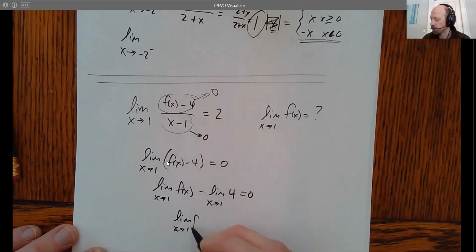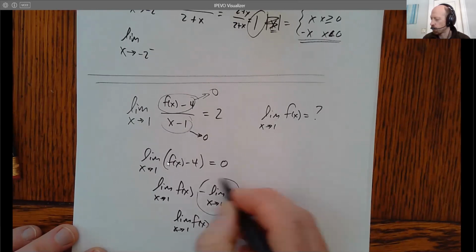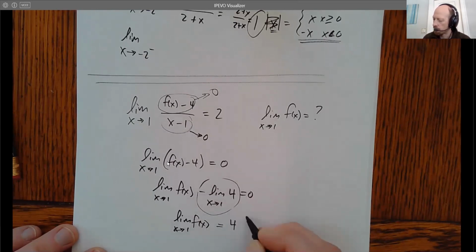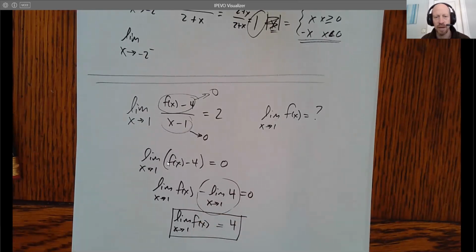So when I move that over to the other side, I get this: the only way that limit could be 2 is if f of x is actually going towards 4. And this really touches on the idea of infinite limits and how an indeterminate form could equal any value. In this case, 2.